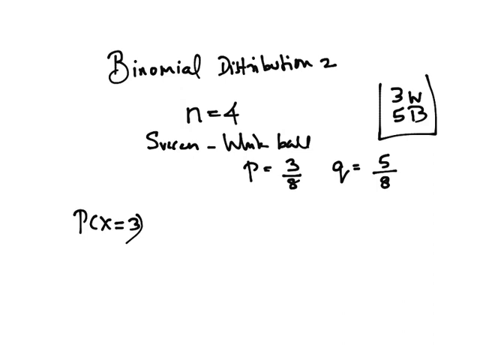So for P of X equal to 3, take a calculator, go to statistics, distribution, binomial, enter BPD because you want a particular value. I want X equal to 3, so enter X as 3, number of trials as 4, and probability of success as 3 divided by 8. So you get the answer as 0.1318, so 0.132, right?